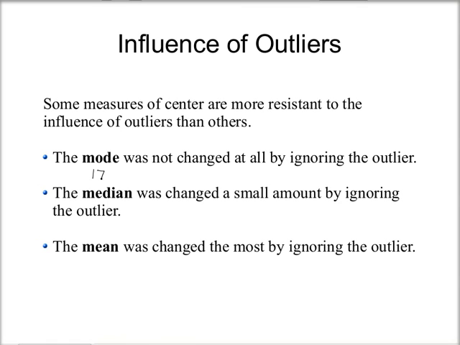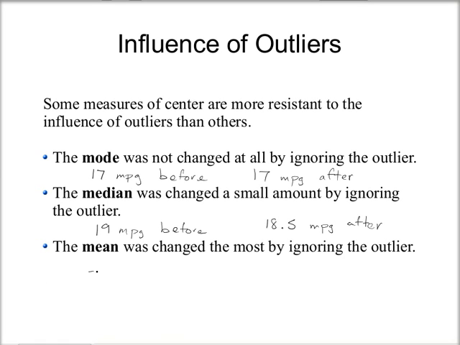We had 17 miles per gallon before, and it was still 17 miles per gallon after we left off the outlier. The median changed a little bit. We had 19 miles per gallon before and 18.5 miles per gallon after we ignored the outlier.